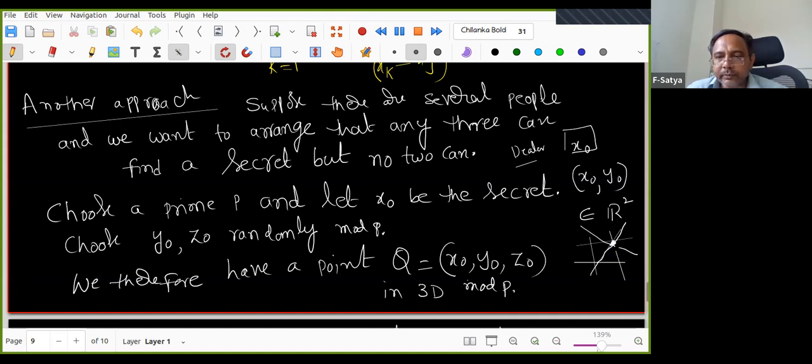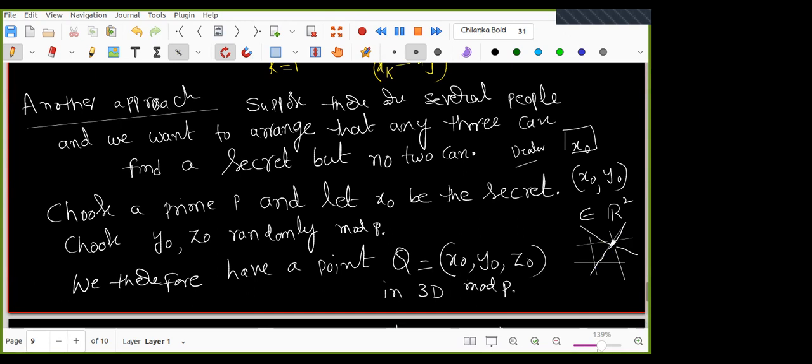Then what happens? You don't know which point on your line it is, and Mehak does not know exactly which point is the answer, but when you come together, is it possible to get the point? Yes, sir, because it is the intersection of these two lines.